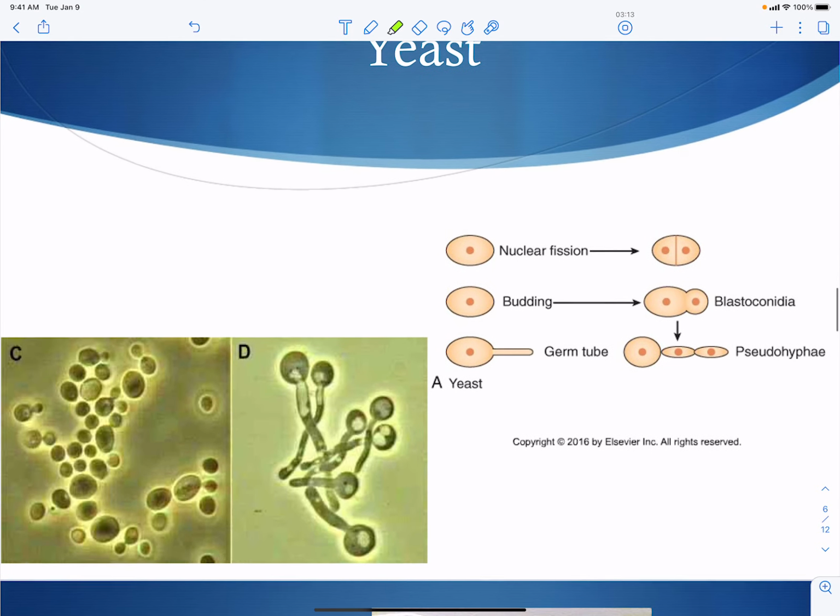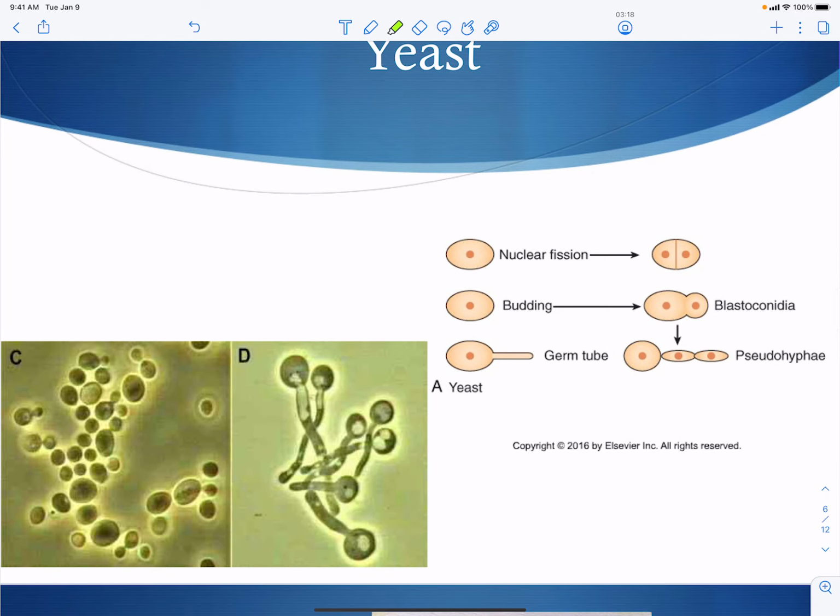So let's just look at yeast just for a moment. Now, yeast are going to be able to divide by fission, where they simply split in half. They can also bud, so you have like a little bud building off of the original yeast cell, and those are called blastoconidia. And you can also have a tube form where you get these pseudohyphae forming. And so pseudohyphae are very important for invasive Candida species.